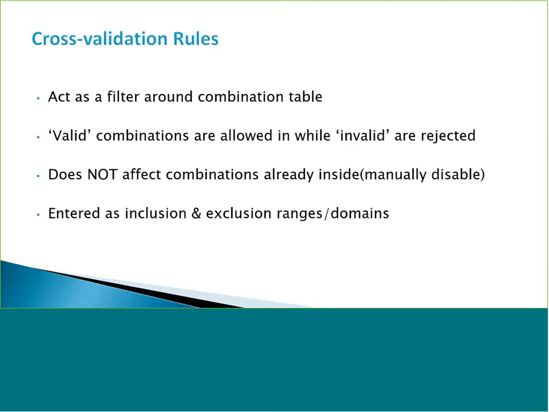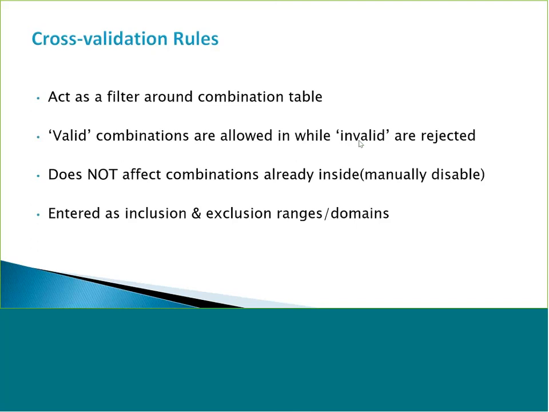So when you have cross-validation rules, you define which account combinations are valid, that is, which will be allowed to enter into the combinations table. Valid combinations are allowed into the table by the rules, while the invalid ones are rejected. When you try to enter a combination that is invalid as per the cross-validation rules, it is rejected. You cannot enter it in the combinations table.